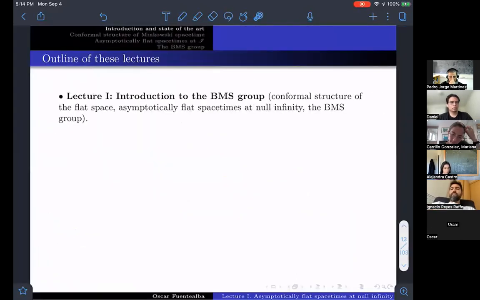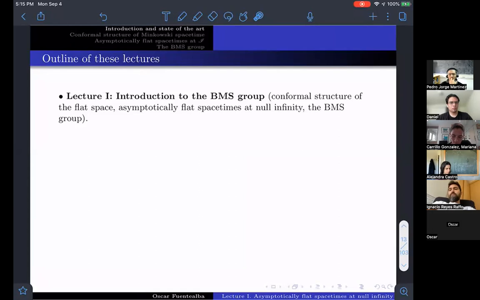Okay, so in this lecture 1, I will give a very basic introduction to the BMS group. I will show you how to construct the Penrose diagram that Ignacio showed us in his lecture, just in the case of Minkowski spacetime. Then we will define what an asymptotically flat spacetime at null infinity is.